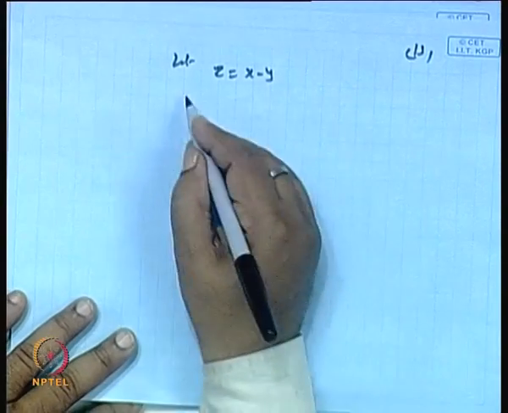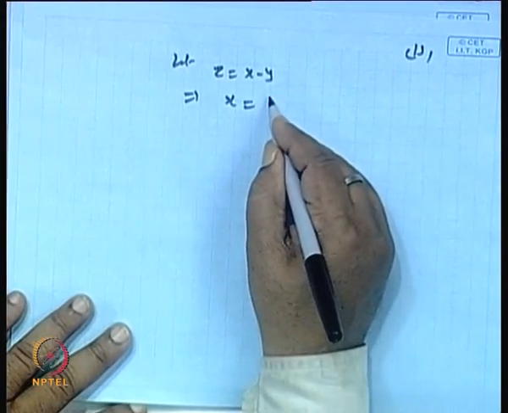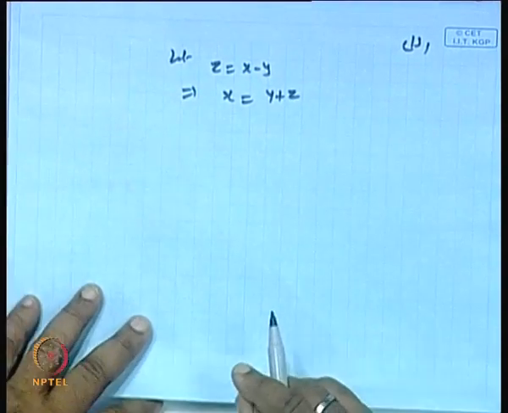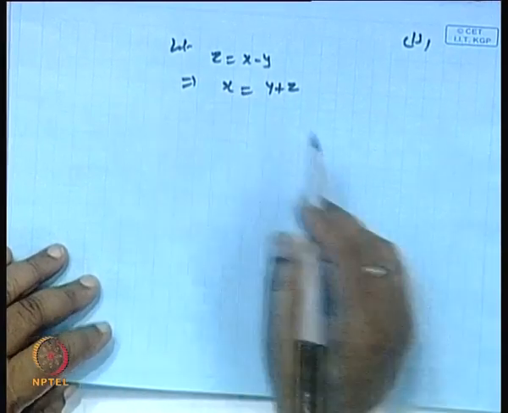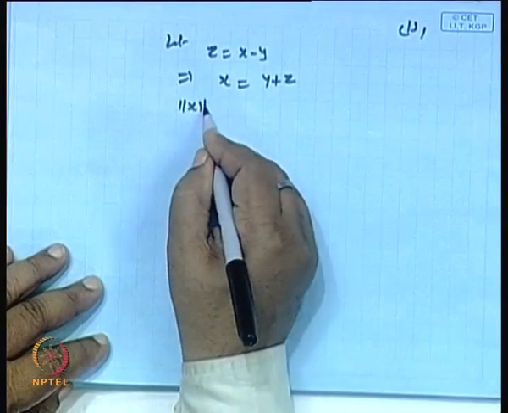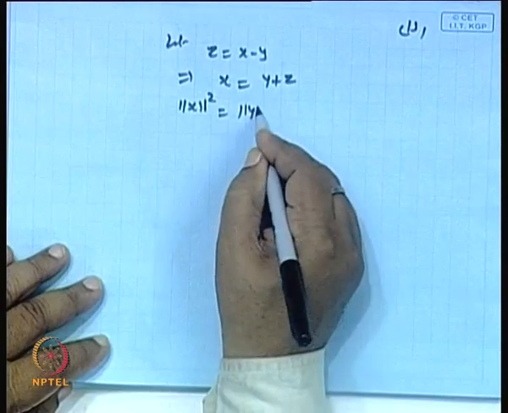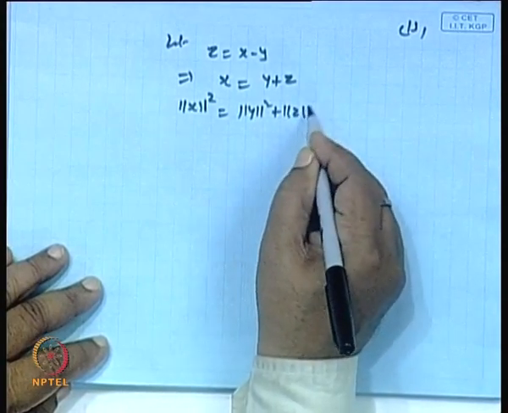So, what will be the x? Therefore, x will be equal to y plus z. Now, once y and z are orthogonal, we get from Pythagoras norm x square is norm y square plus norm z square.